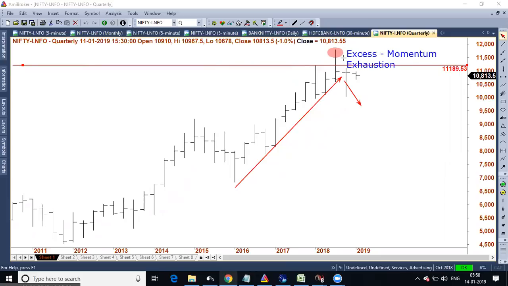As of now, the quarterly time frame is balancing, or we can say it's moving in a sideways fashion. But there is also a possible momentum exhaustion pattern which happened there, which is a warning sign for investors. So if you are an investor out there, you should be really careful about this setup. Price is still struggling to move above 11189, which is nothing but the first quarter high and low levels.